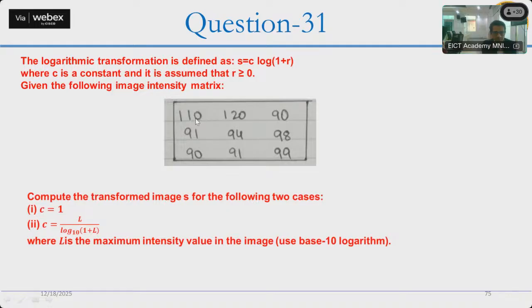What will this value be? 110, 90, 99, you can tell any of these. It's almost like a hands-on session where you do the thing, but here we are doing the problem so that you are better involved. Can you answer any of the pixel values, the transformed pixel value?